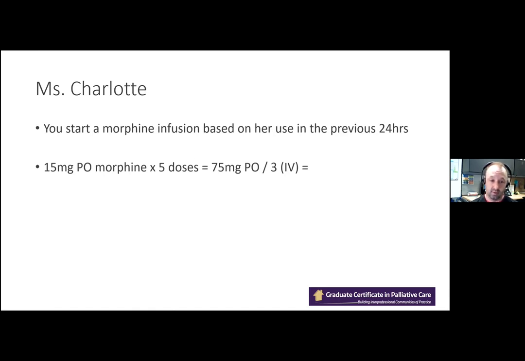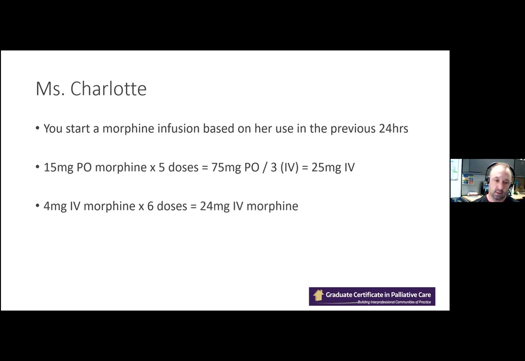She's had 75 milligrams of oral morphine with that 3-to-1 ratio, IV morphine being the more potent. You divide that 75 milligrams by 3 and get 25 milligrams IV. She's also had some IV morphine, so 4 milligrams of IV morphine over 6 doses, and so 24 milligrams of IV morphine.